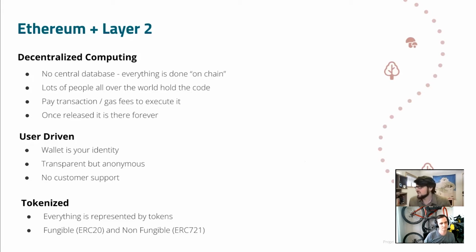The major thing people are talking about is that Web3 is the token economy. Everything is represented by tokens, and there are different types of tokens. There are fungible tokens, which are essentially the currencies and things like that. There's a heck of a lot more different applications than just currency for tokening, but those are fungible tokens.